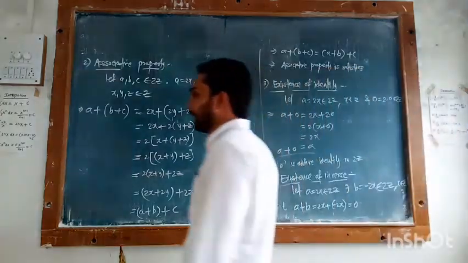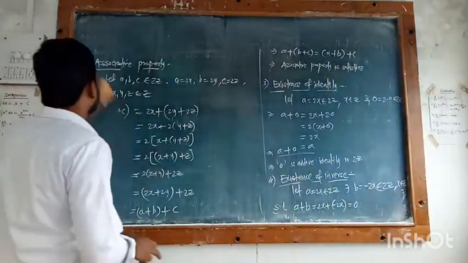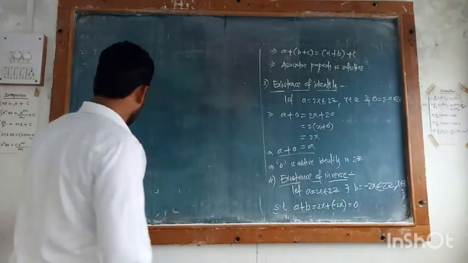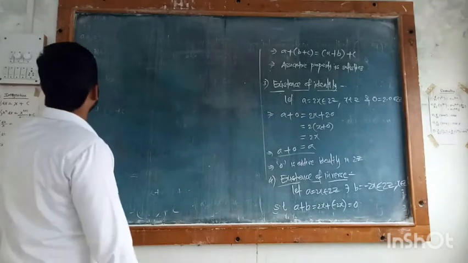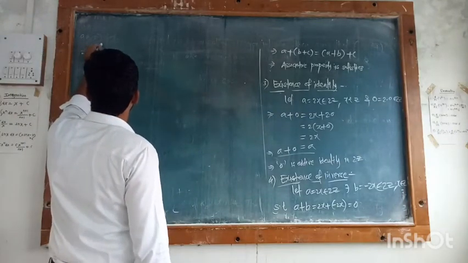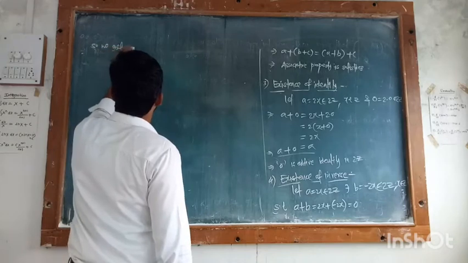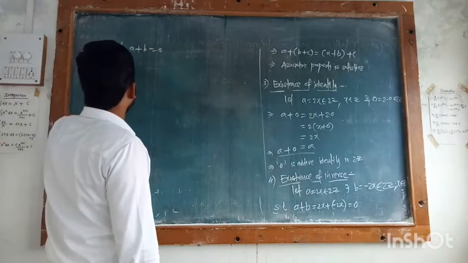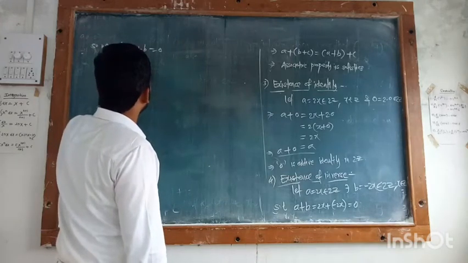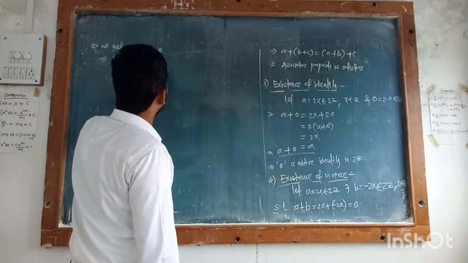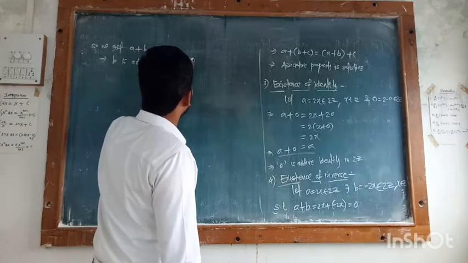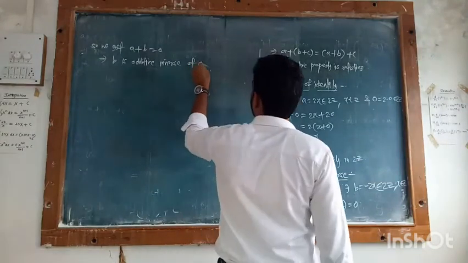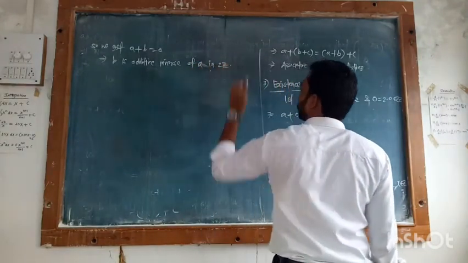Therefore B is additive inverse of your A in 2Z, okay?